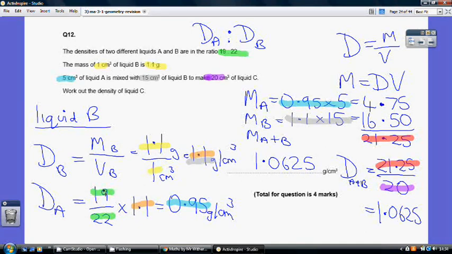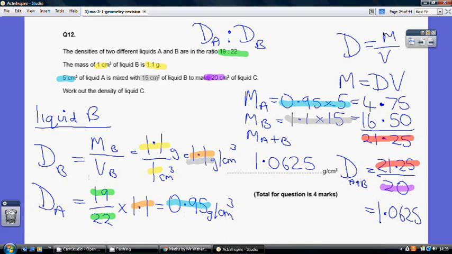Now my density of A is, we're told the densities are in the ratio of 19 to 22. So if the density of my B is 1.1, my density of A is going to be 19 over 22's worth of the 1.1, which is 0.95. So my density of A is 0.95, density of B is 1.1.